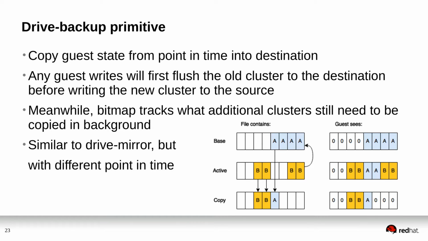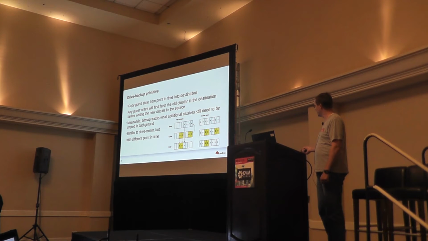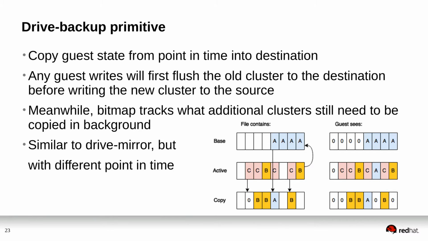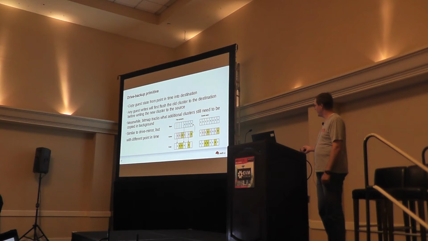We start copying clusters from the guest into our copy. And then the guest comes along and says, I want to write data. But instead of copying the data into our active and our copy, we say anywhere that the data touches something that the copy doesn't have, we need to write the old data into the copy and the new data only into the active image. So the active image is always consistent.